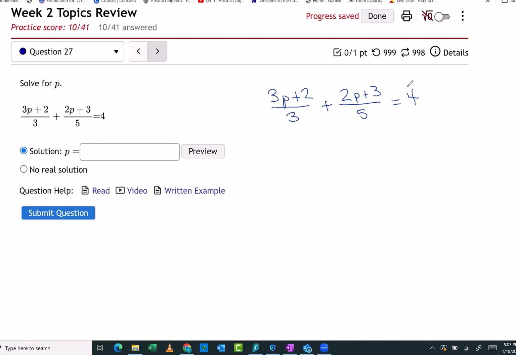We could split this up, but it won't be that helpful. What I mean by we could split this up, even though I'm not going to do it this way, is that I can say this is equal to 3p over 3 plus 2/3 plus 2p over 5 plus 3/5.